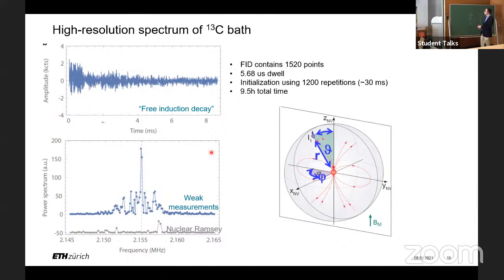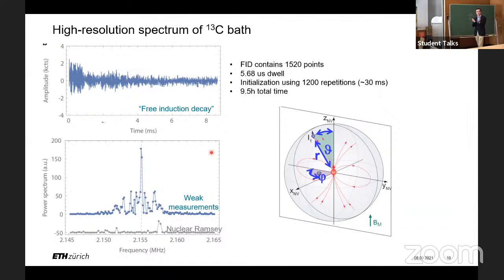If you take a look at the complex spectrum, so not at the power spectrum, but at the complex variant of it, and you look at the phase, then you have in such a spectrum already encoded 2 of the 3 spatial variables. But to obtain the full 3D position, you need to do a sequence of weak measurements where you tune that t beta time, the time which defines the measurement strength.